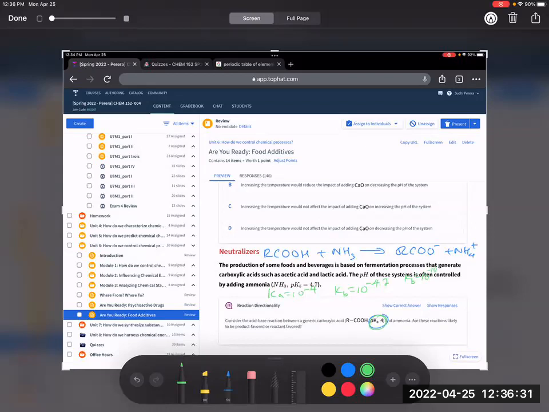And for NH4 plus, the conjugate acid of ammonia, the pKa value is 14 minus 4.7, which is 9.3, therefore 10 to the power of minus 9.3.